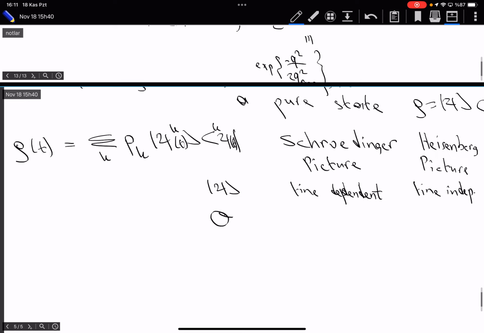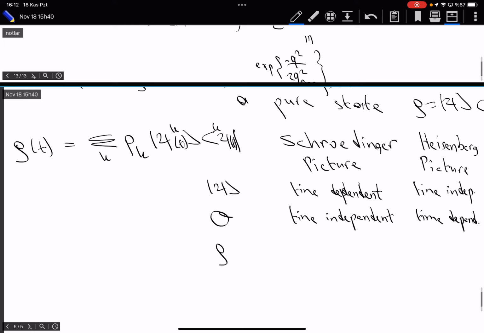Operators, of course, assuming they don't have explicit time dependence, that are made up of position and momentum, in the Schrödinger picture are time independent. For example, the expectation value of the position of a particle changes in the Schrödinger picture, not because the position operator depends on time, but because the wave function is time dependent. Whereas in the Heisenberg picture, the operators are time dependent. States don't change, the position operator itself changes in time.